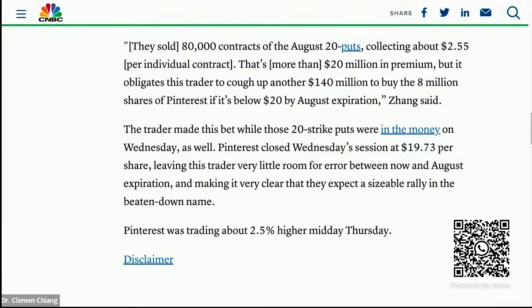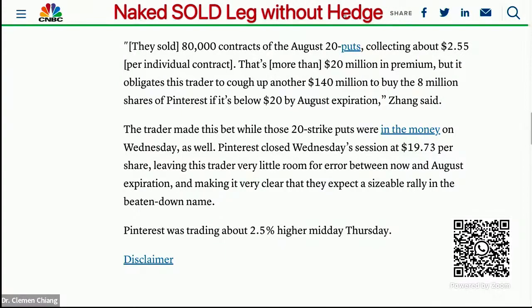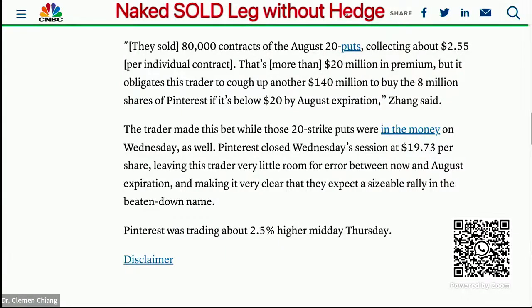So this article assumed that, number one, the trader has done what we call a naked sold leg, right? And I want to put it right over here so that everybody can see for yourself. Naked sold leg without hedge. Without hedge also means that you don't have a counter bought leg to hedge against the sold leg to get a credit.